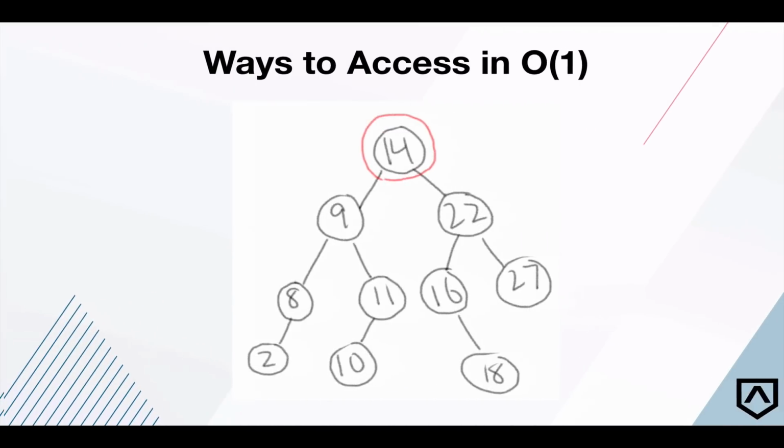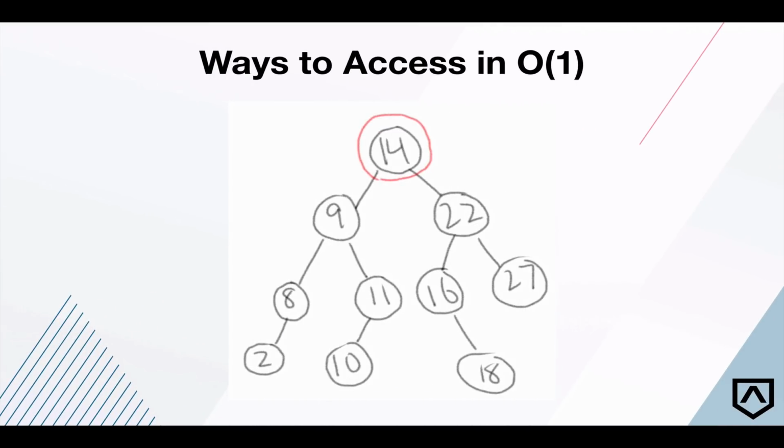And then another way that maybe you might not think of as readily is that when we work with trees, if you think back to the binary search tree video, we pretty much always have constant time access to the root of the tree, right? The root of the tree is our entry point into the tree.